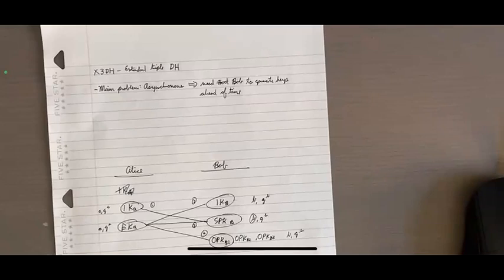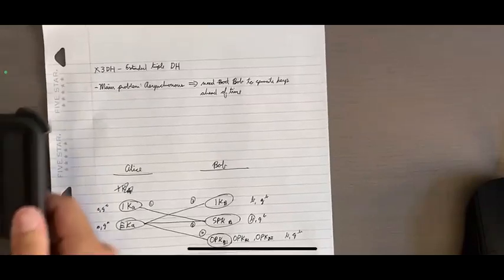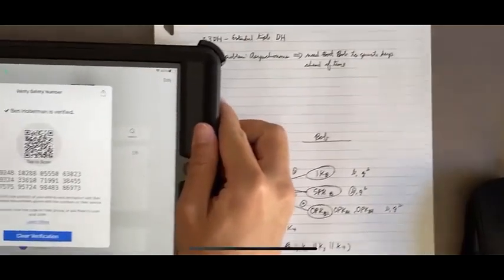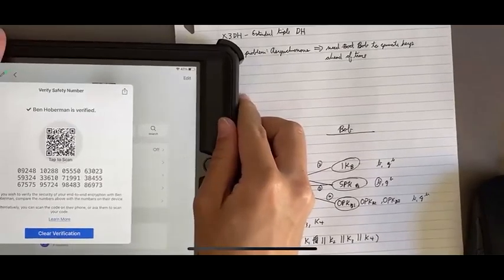I will use the previous person that I co-lectured with for the Signal lecture. So if you go on these apps, you'll see that there is something called a safety number.